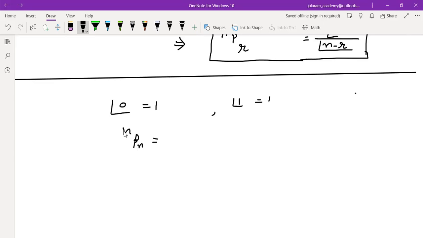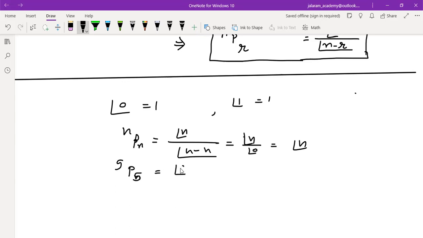The number of ways of arranging n objects out of n objects will be factorial n upon factorial n minus n, that is factorial n upon factorial 0. So it will always be factorial n. So if any time we have to arrange 5 objects out of 5 objects, we will use factorial 5 directly, that is 120. Is that clear, everyone?